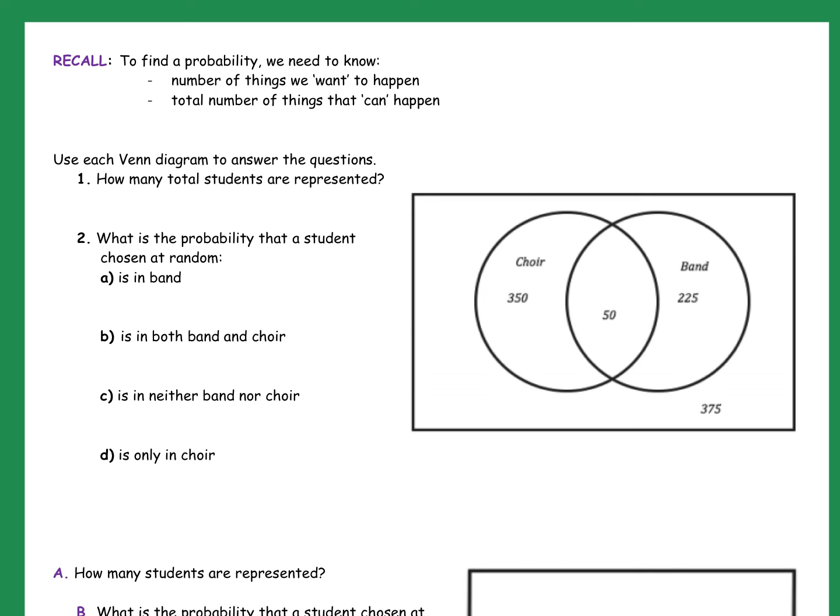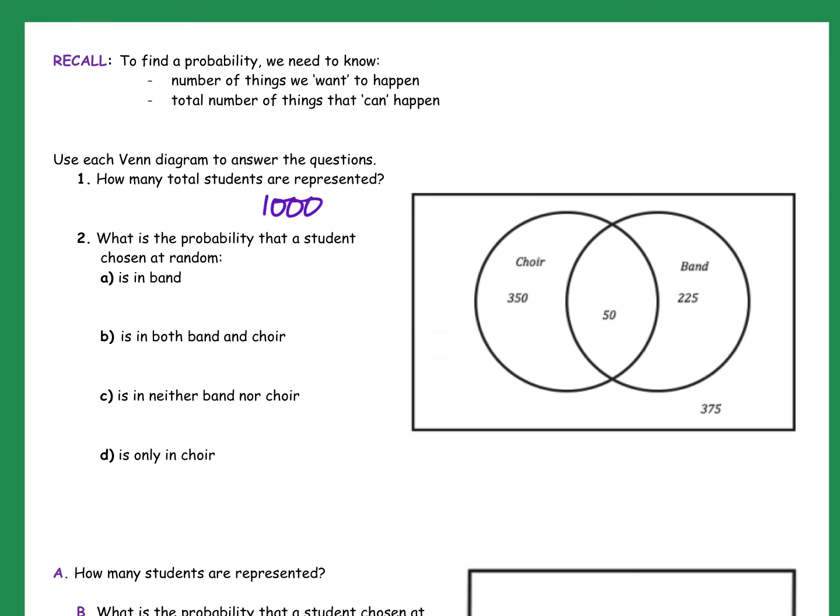Woo, that's a lot of students. Okay. So all I'm going to do is add all my numbers together. If I add all 4 of my numbers together, I get 1,000. Okay? That's a lot.